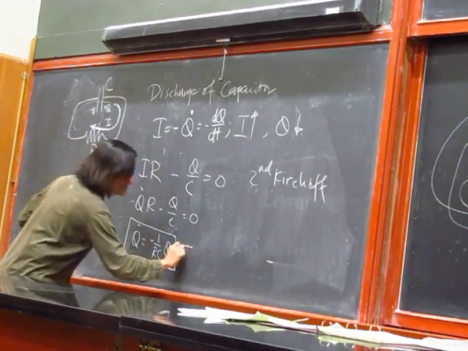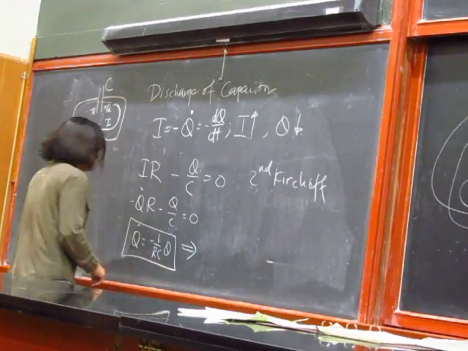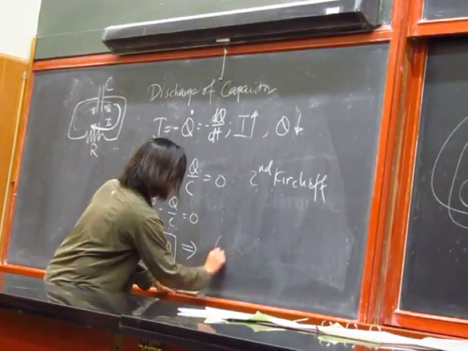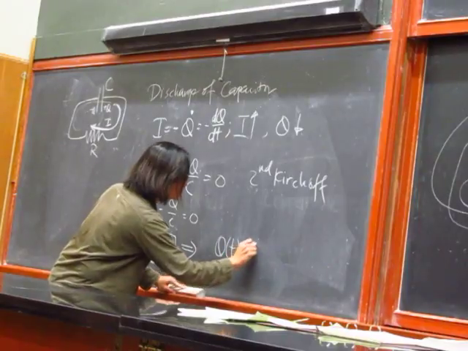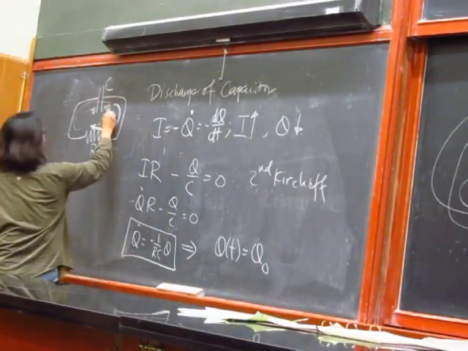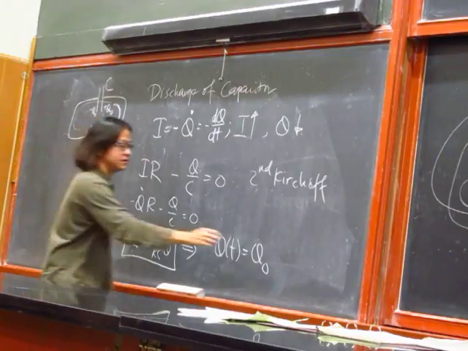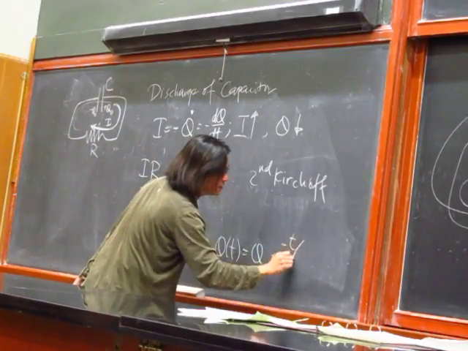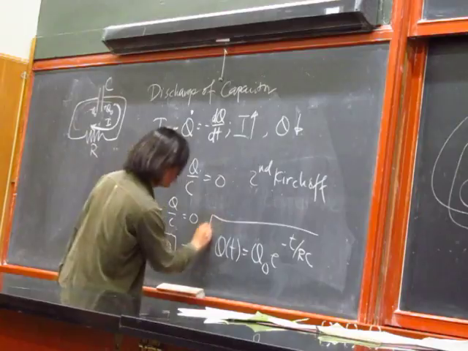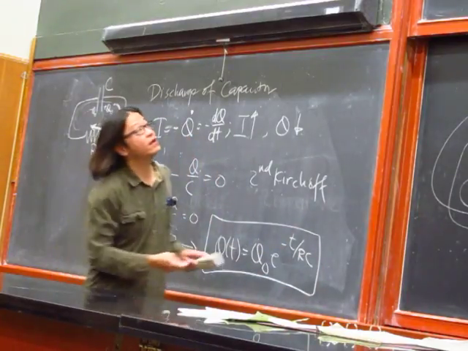So the solution of this is that Q as a function of time is equal to Q naught, so initially you have Q naught here, minus Q naught, times e to the minus T over RC.